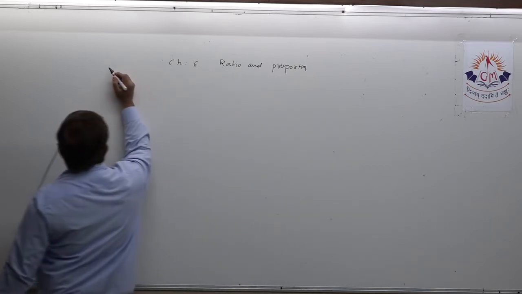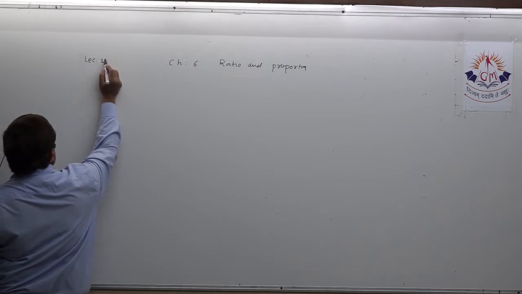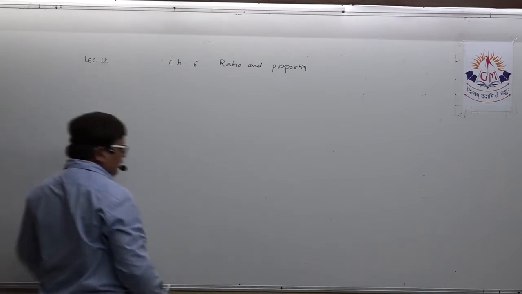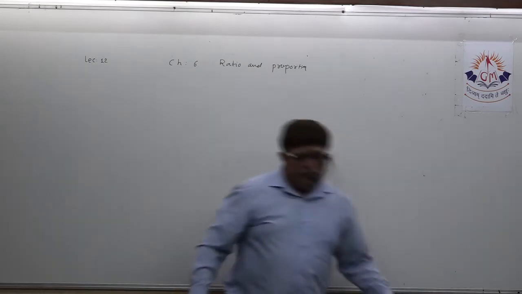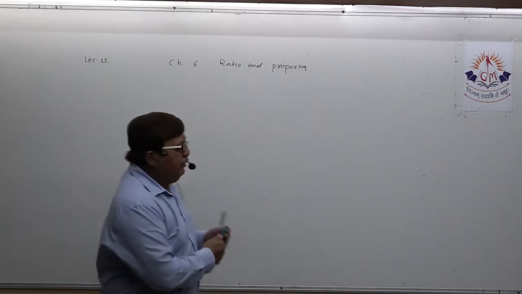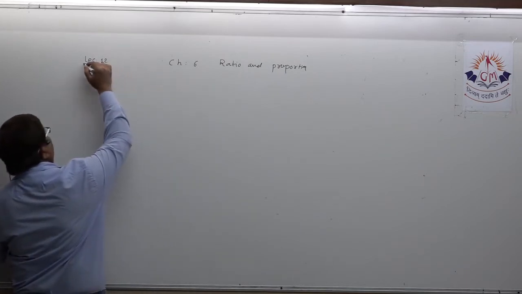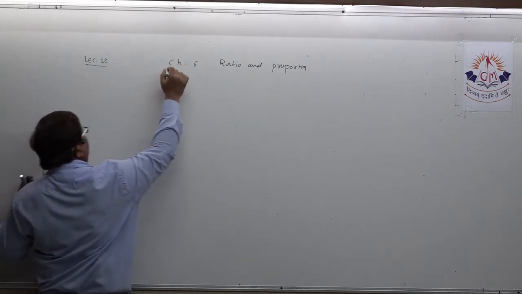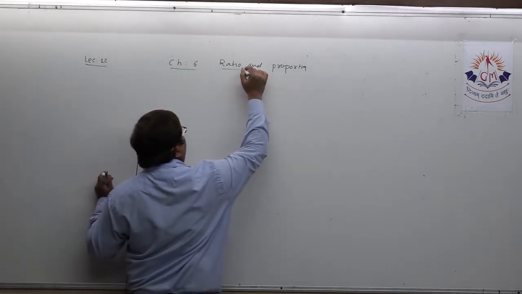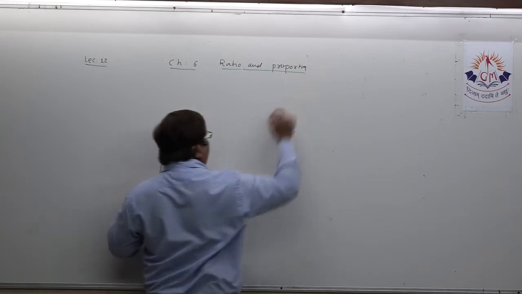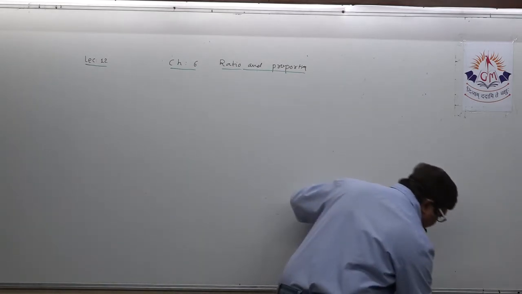In today's lecture number 12, we are targeting some different type of example. In last lecture number 11, we targeted how to find principal when the rest of the physical quantities were given.